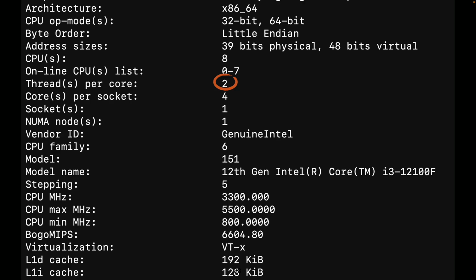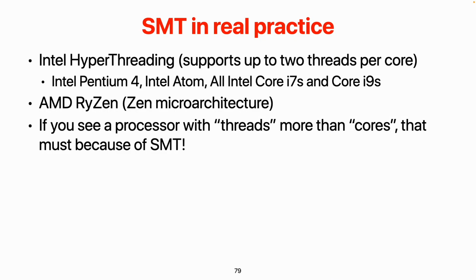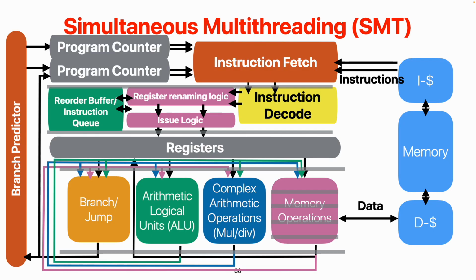So even though there are some drawbacks, the benefits outweigh them, and the hardware cost is really small. So if you pay attention to modern processors, whenever you see they say threads per core is 2 or more, it means that simultaneous multi-threading is enabled. And if you have an Intel processor or AMD processor, you're going to have those simultaneous multi-threading cores.